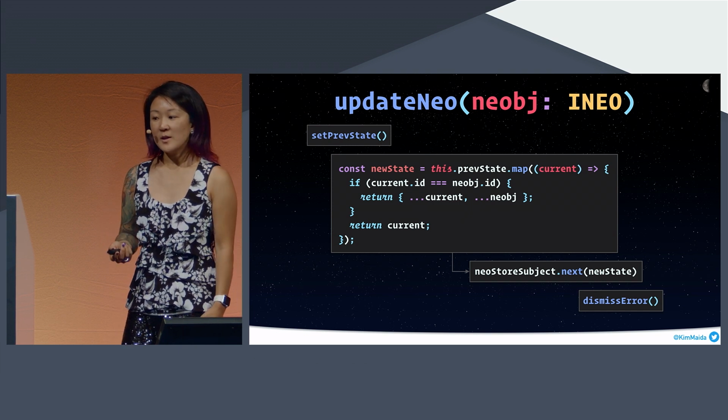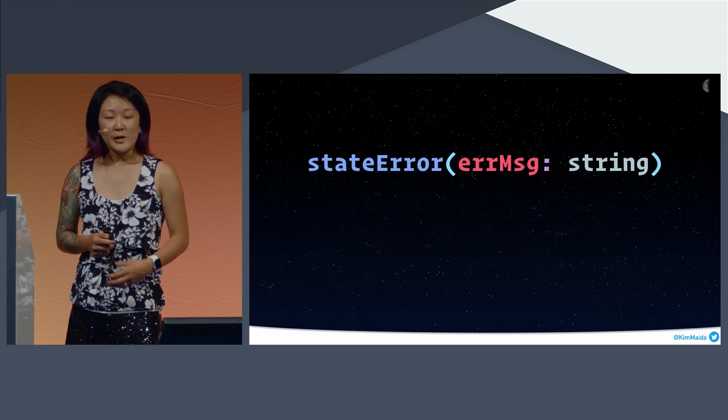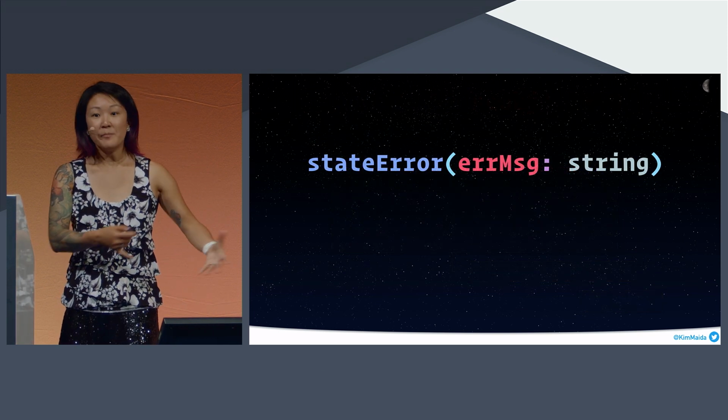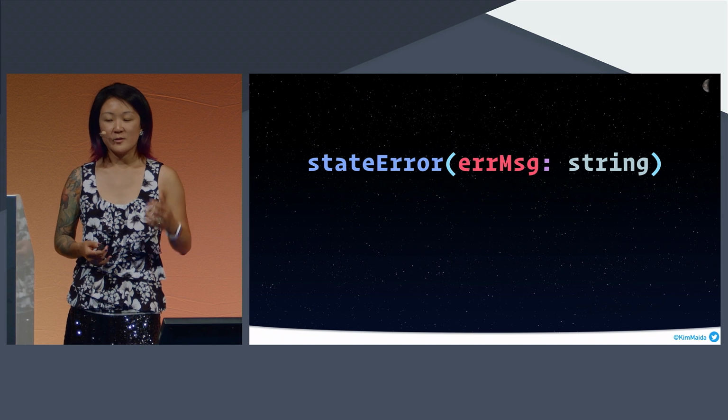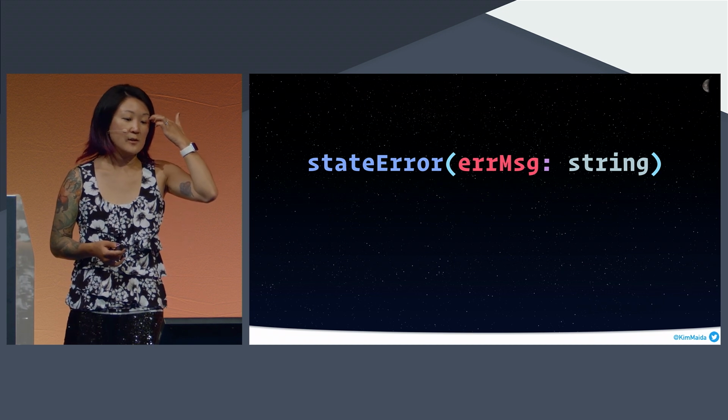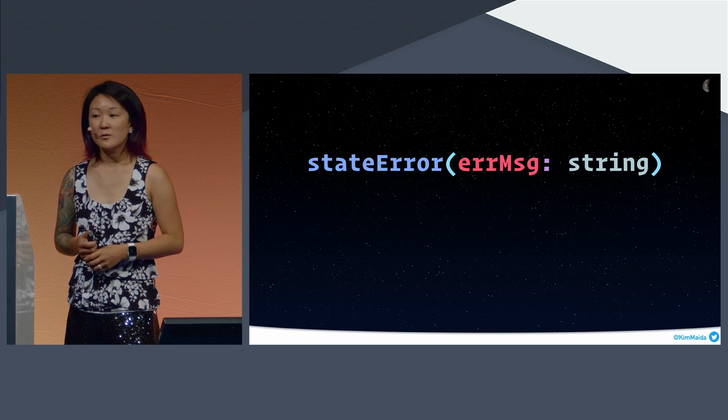Now, speaking of errors, we have a subject to do something, and we also need to roll back the state. So I'm going to add a state error method. It's going to expect a string as a parameter. This might be the error message that comes back from the API, or it could be your own custom thing.